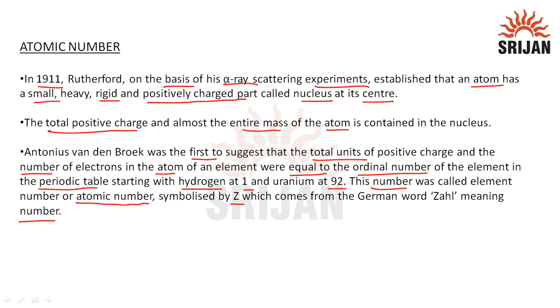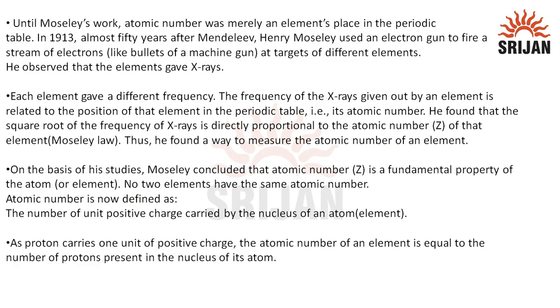So we can say that until Moseley's work, atomic number was merely an element's place in the periodic table. But in 1913, almost 50 years after Mendeleev, Henry Moseley used an electron gun to fire a stream of electrons, just like the bullets of a machine gun, at targets of different elements.